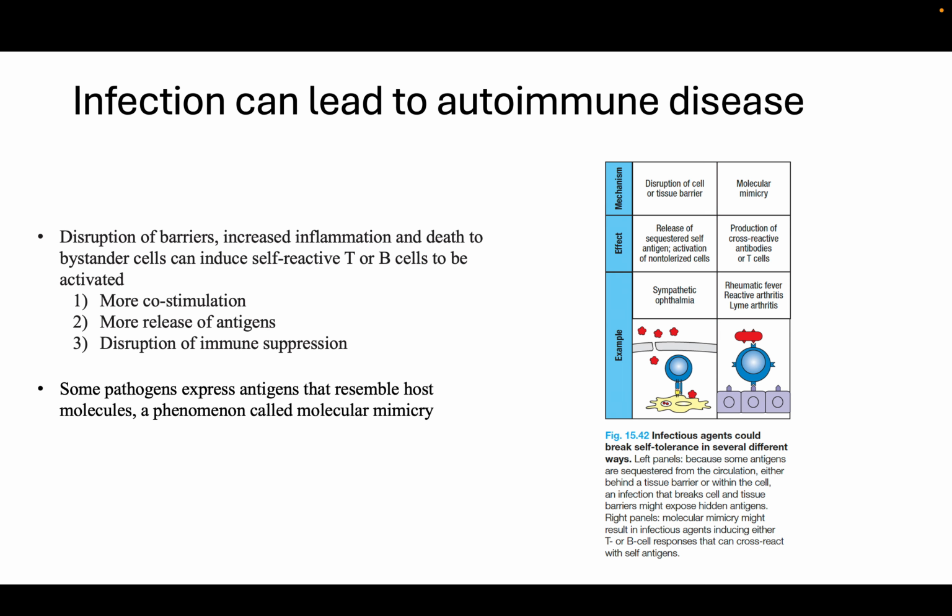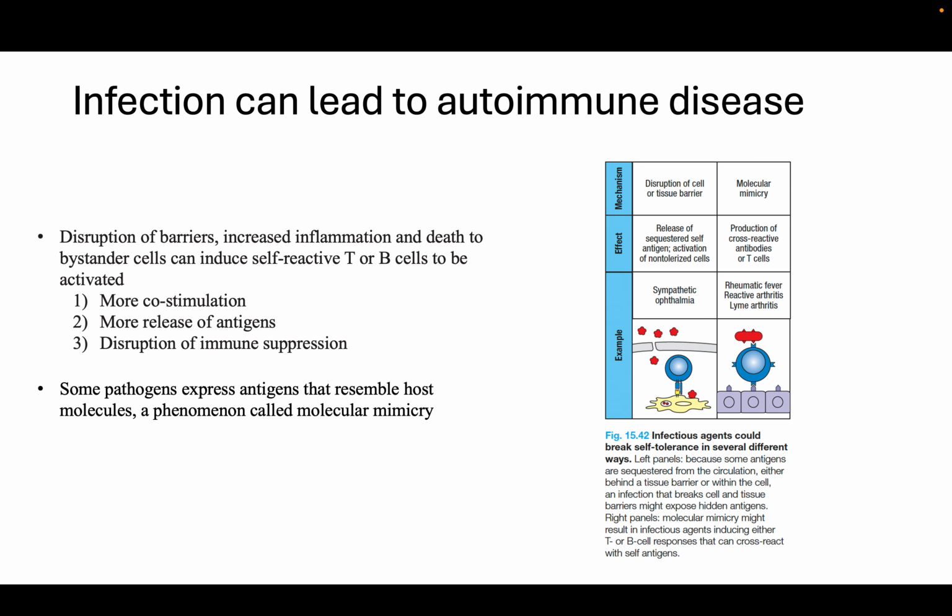If you're infected with a virus or bacteria, you have an increase of B7 and CD28, so there's much more co-stimulation, and this can cause self-reactive T cells or B cells to survive and start proliferating. Two, with bacteria and viruses you have a lot of damage to your own cells. The more damage to your cells, the more release of self antigens, and this is really bad.